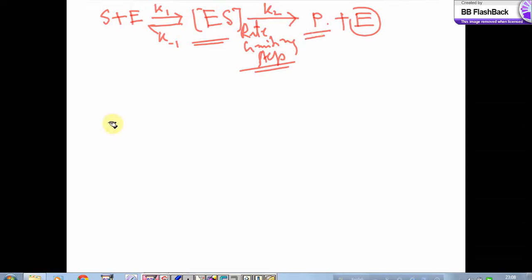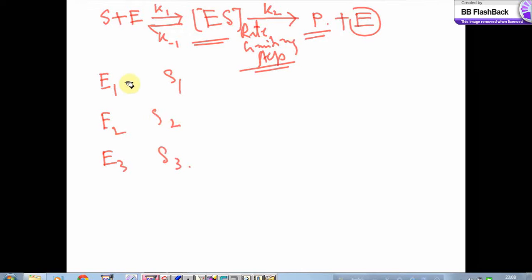Now, how does this enzyme and substrate come in contact and how do all these things happen? The enzyme is very much specific for a substrate. That means suppose there is E1 enzyme and S1 substrate, E2 enzyme and S2 substrate, E3 enzyme and S3 substrate.